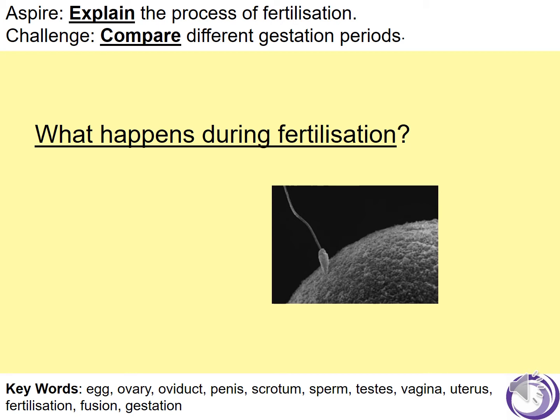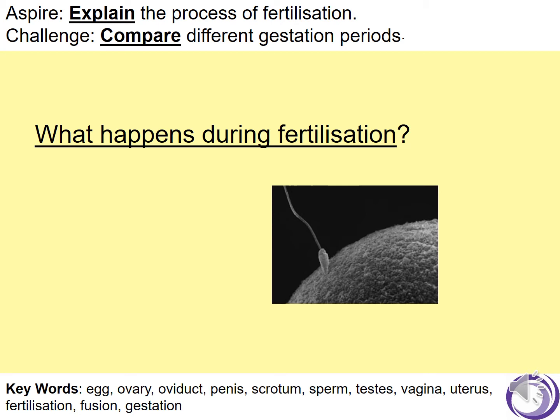So this is part of our journey towards explaining the process of fertilization. We have some very important keywords, some of which look back over previous lessons that we've had, the parts of the reproductive systems of the male and the female, and we still need that understanding today. But it is extended today with words like uterus, fertilization, fusion, and gestation.